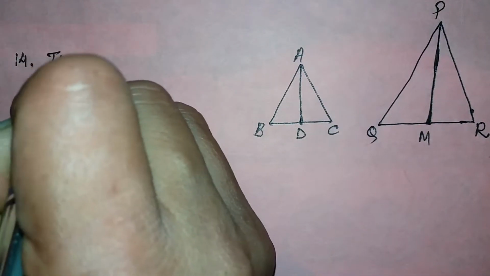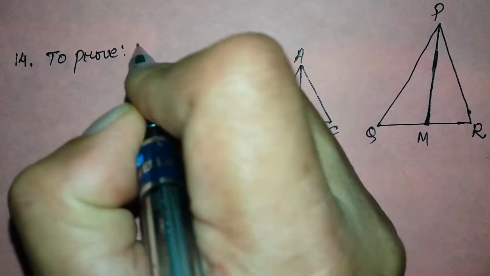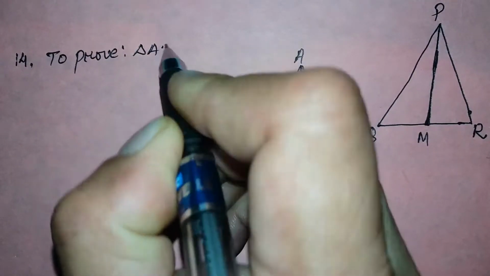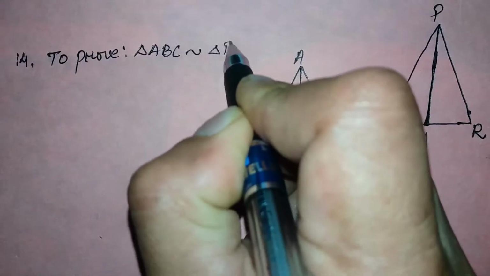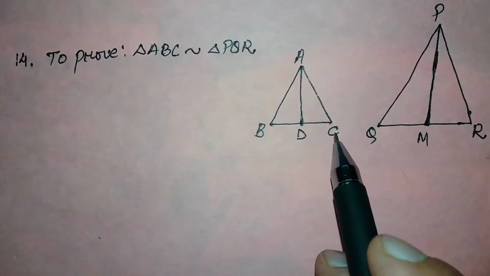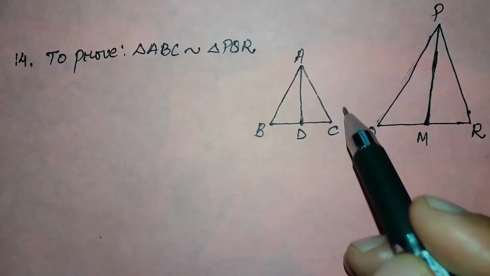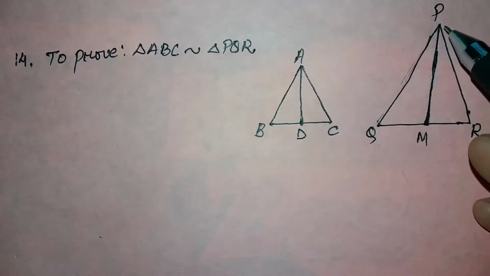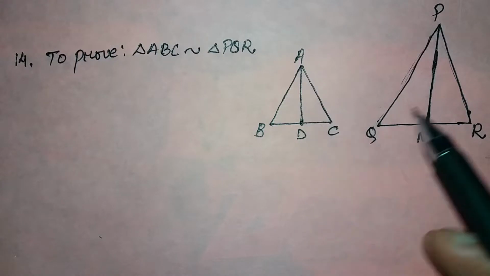Here, to prove triangle ABC is similar to triangle PQR, the ratio of AB and PQ is equal to the ratio of AC and PR, which is equal to the ratio of AD by PM.